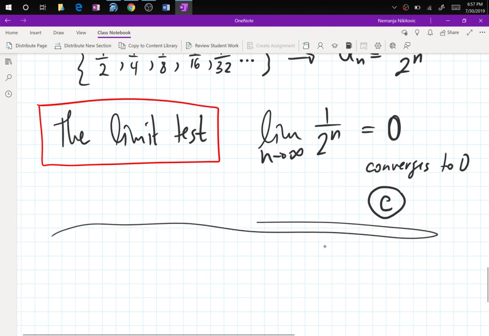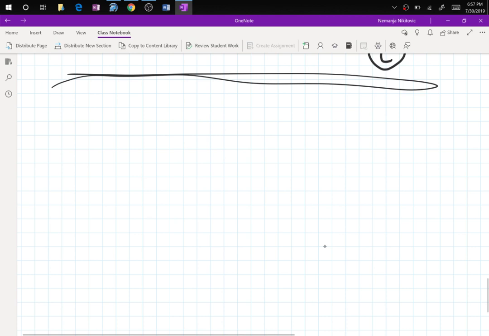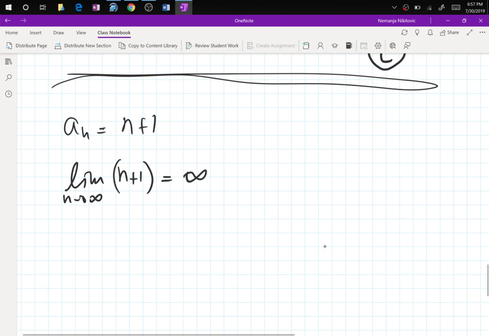Let's take a look at a divergent sequence. Say you have a_n equal to simply n plus 1. There you go. What is the limit as n goes to infinity of n plus 1? It is infinity, because infinity plus 1 is infinity. And that's a divergent sequence.